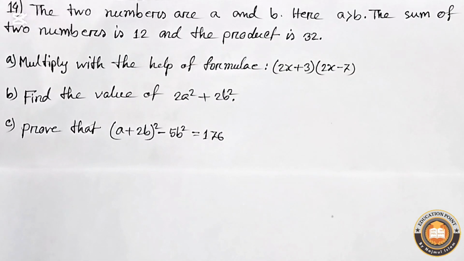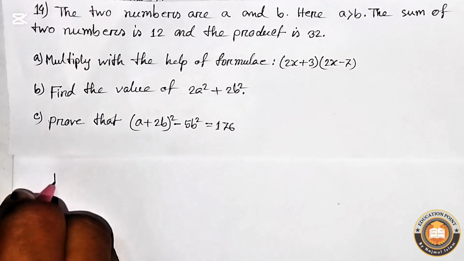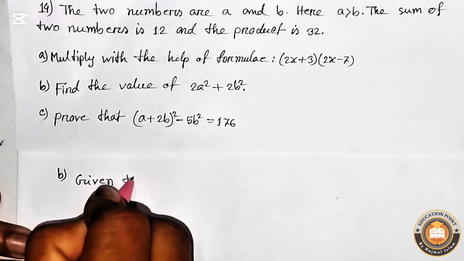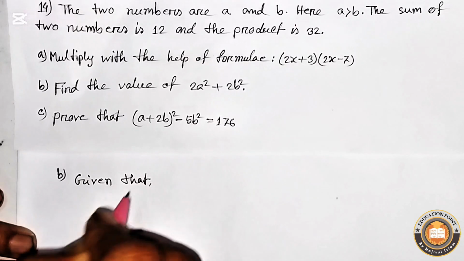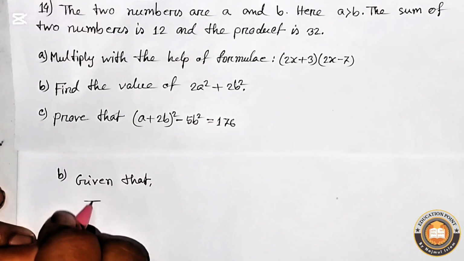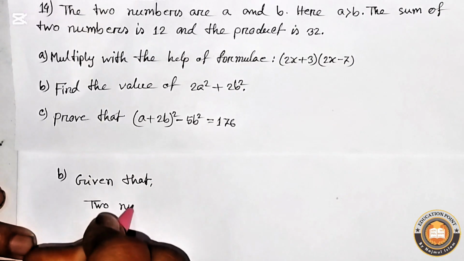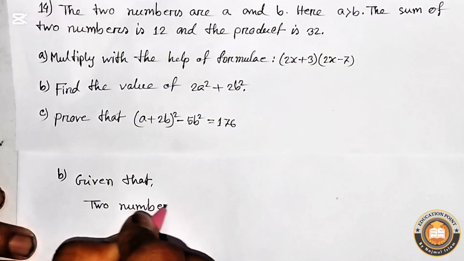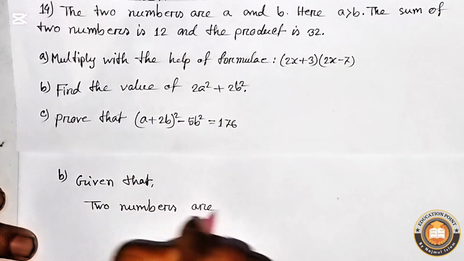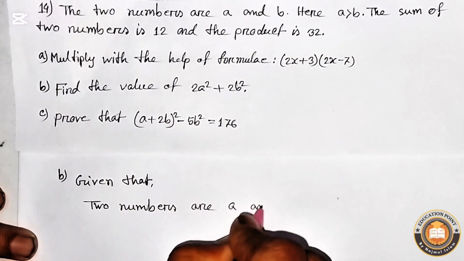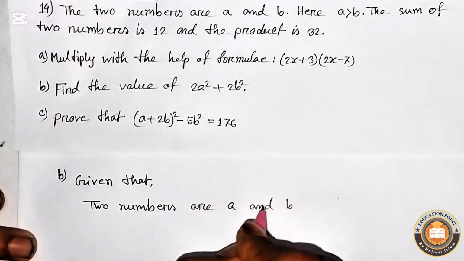Number B: find the value of 2a square plus 2b square, given that the two numbers are a and b.